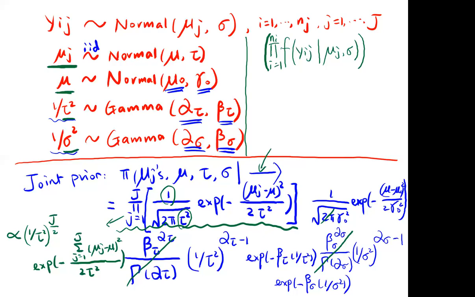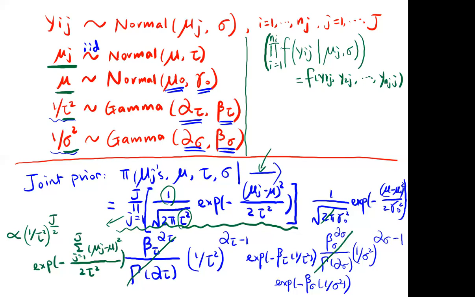So essentially what this is, if you try to write it, is Y1J, Y2J, until YNJJ. That's the joint. Okay? So this is only one group.